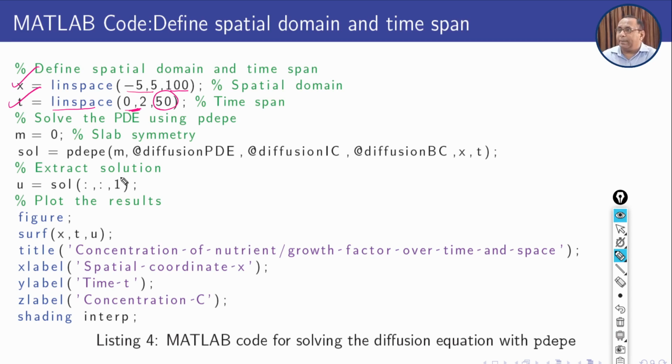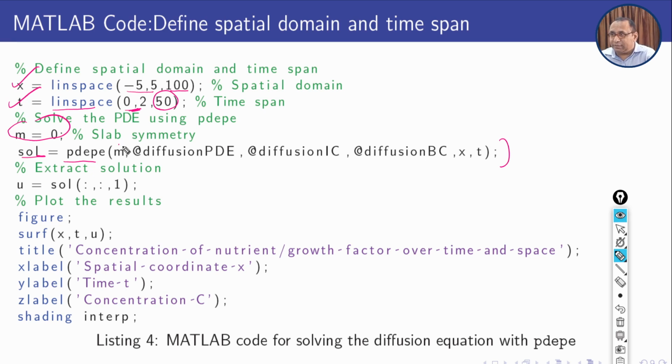To solve this partial differential equation using pdepe, we need to call the function, and here m is equal to 0, slab symmetry. This statement will return the solution of the entire problem. This is the inbuilt function pdepe in MATLAB, and we need to give the input in the same pattern as we discussed in the previous lecture.